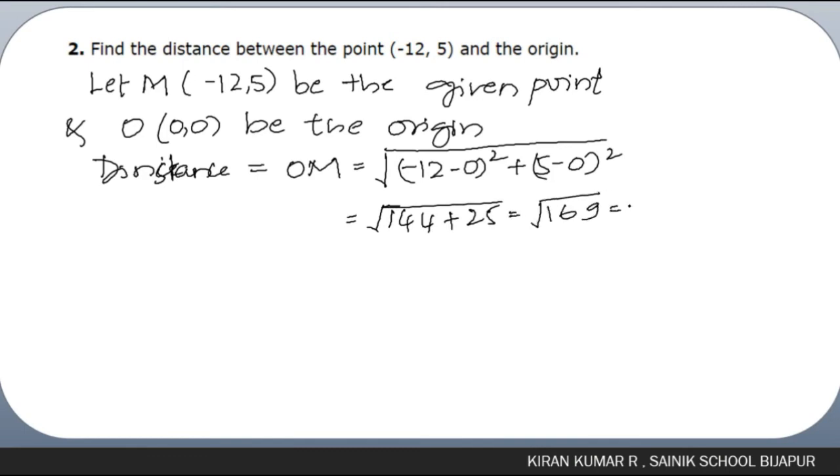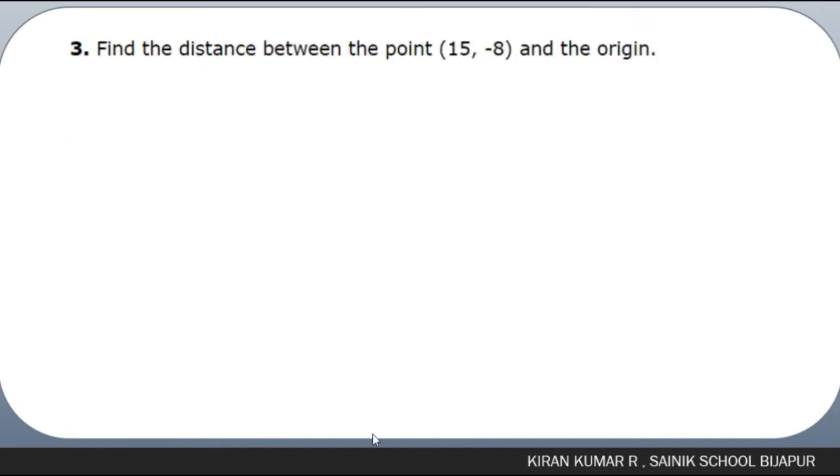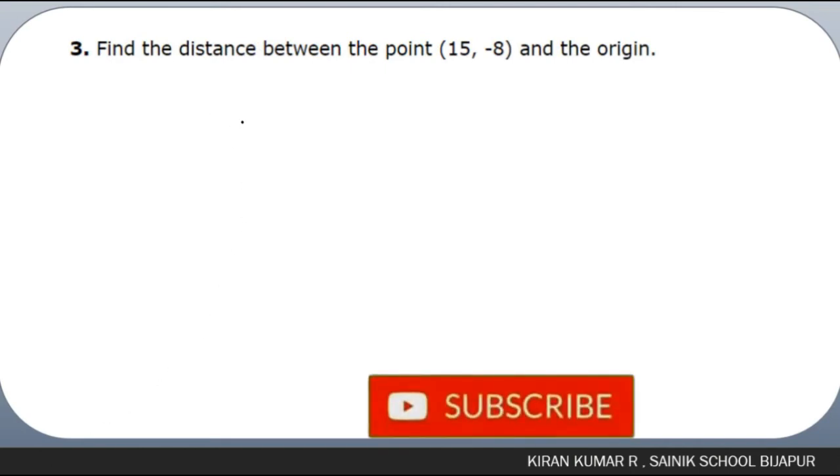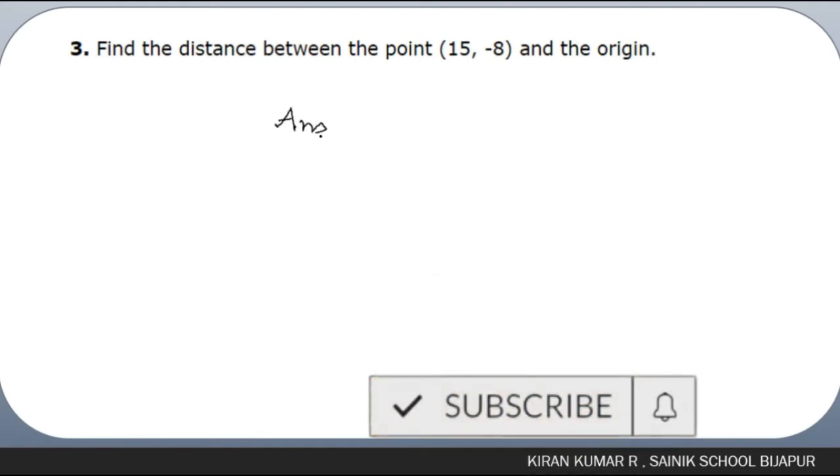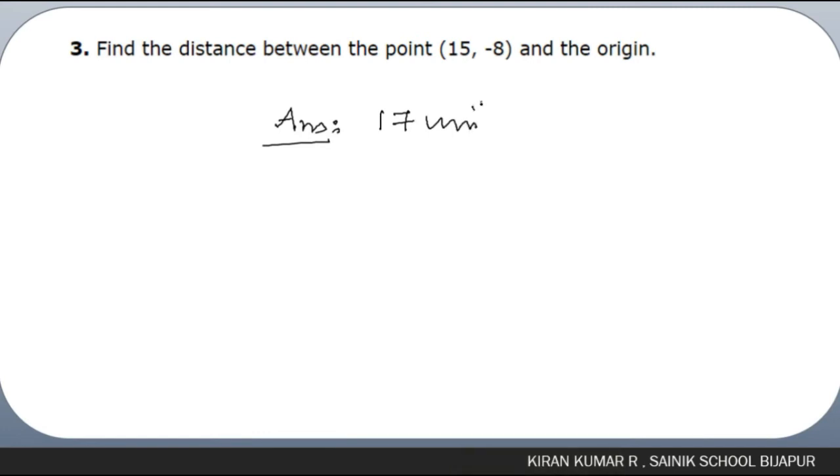It's a perfect square. We get it as 13 units. Similar, one more question. I think you can solve it. I'll be giving you the answer. The answer for this question, the distance will be 17 units.